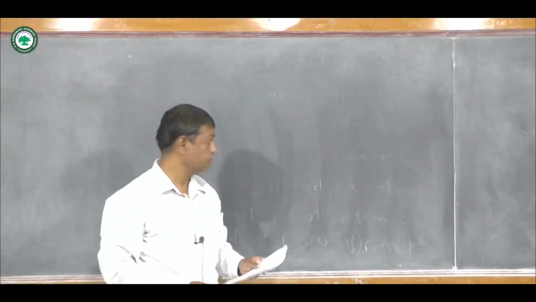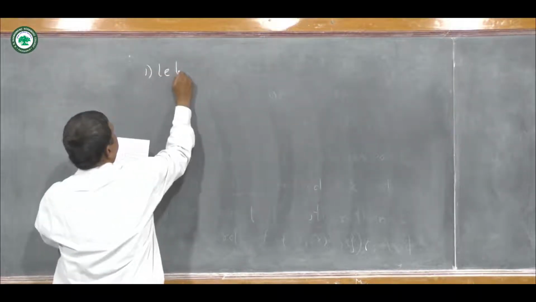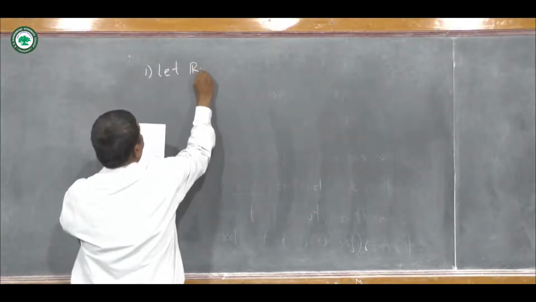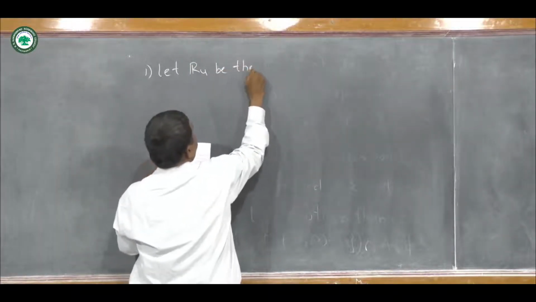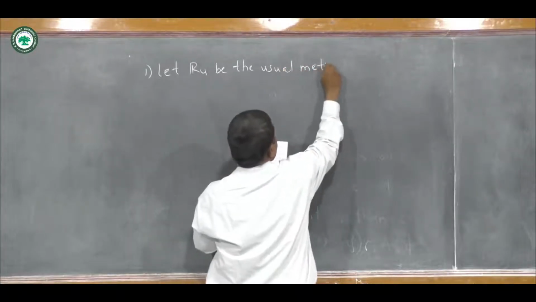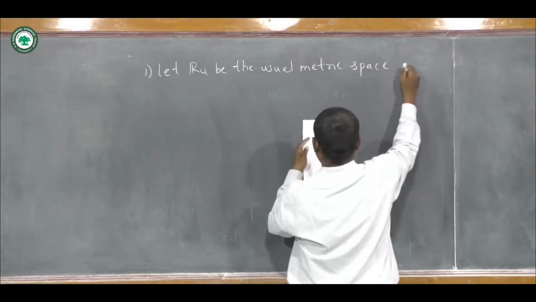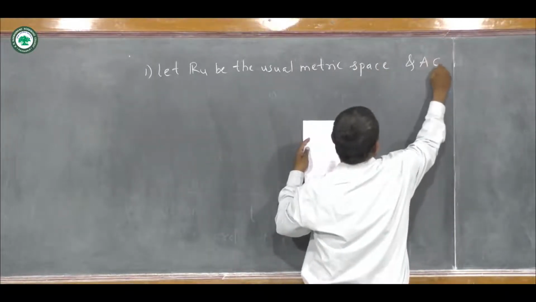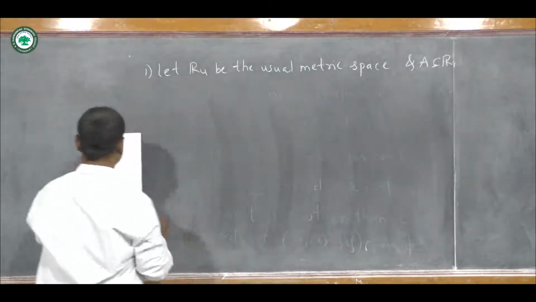Now examples. First one is that let (R, U) be the usual metric space and A be a subset of R, that is set of real numbers.